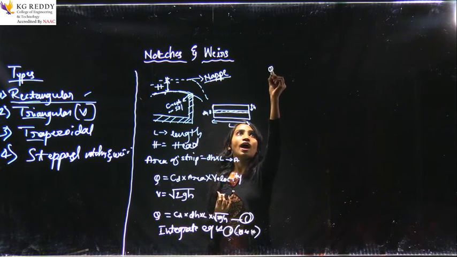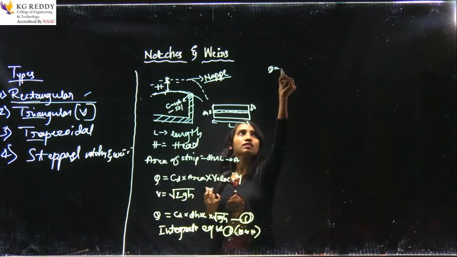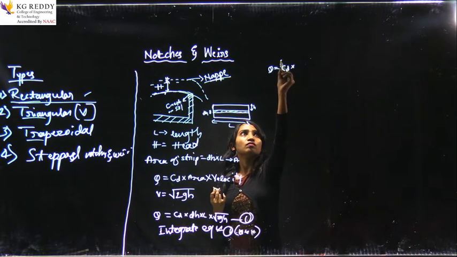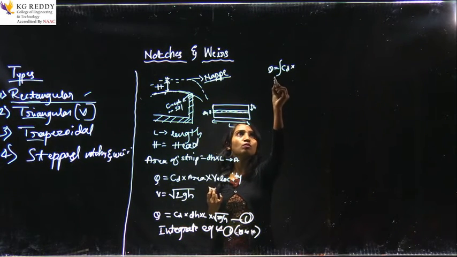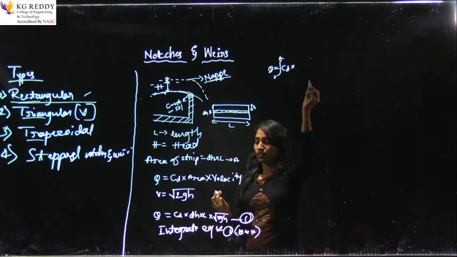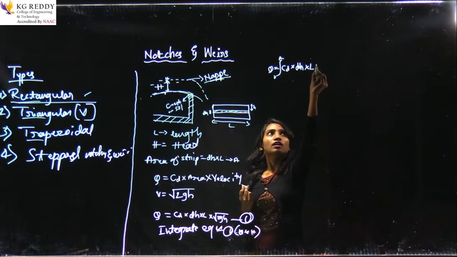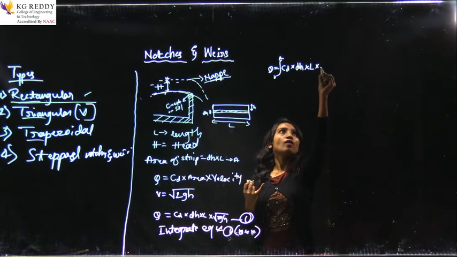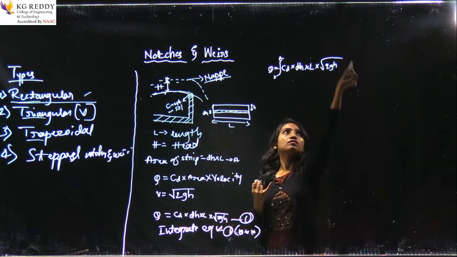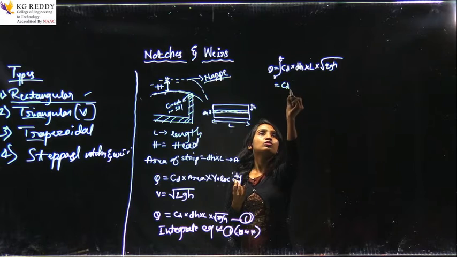The actual flow rate of the whole device is the integration from 0 to the maximum level h of CD into dh into L into square root of 2gh.